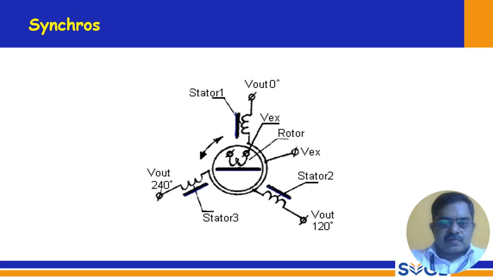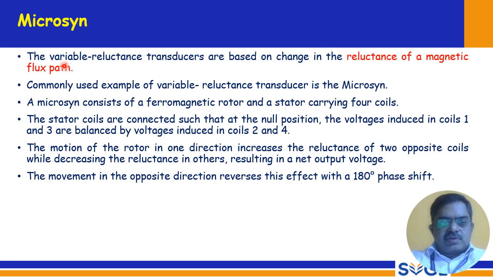Next one is Microsyn. Microsyn is another type of transducer. Variable reluctance transducers are based on change in reluctance of the magnetic flux path, so it is also an inductive type of sensor. A commonly used example of a variable reluctance transducer is the Microsyn. A microsyn consists of a ferromagnetic rotor and a stator carrying 4 coils. The stator coils are connected such that at the null position the voltages induced in coils 1 and 3 are balanced by voltages induced in coils 2 and 4.